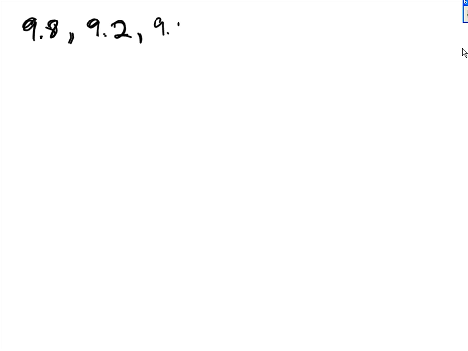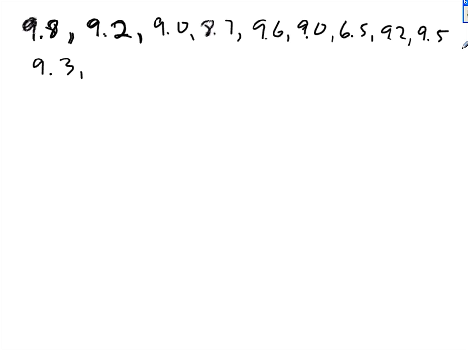Okay, 9.0 minutes, 8.7, 9.6, 9.0, 6.5. You had to wait 9.2 minutes for the next train, then 9.5 for the next train, and then 9.3 and 9.8 and 9.4. And the question is, is a 10-minute wait unusual?